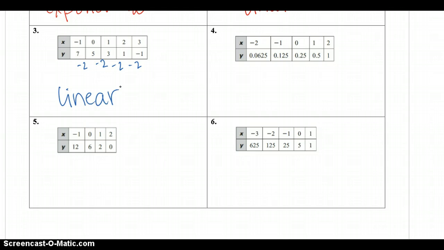Right? On number 4, does it look like we multiply by the same thing each time? In the beginning, it's really hard to tell, right? With all those decimals. It'll give you a hint. Look at the second half of the table.